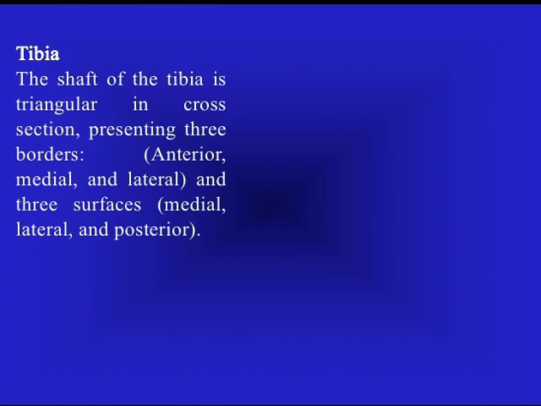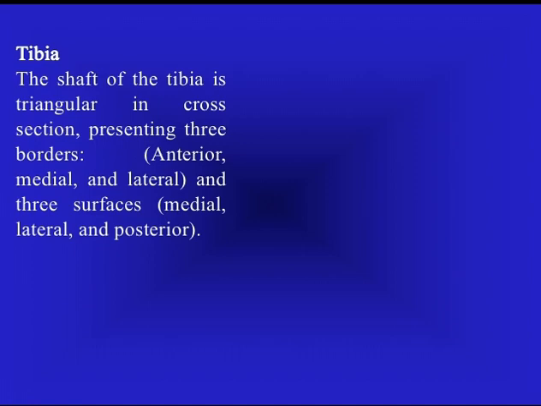The shaft of the tibia is triangular in cross section, presenting three borders: anterior, medial, and lateral border, and three surfaces: medial, lateral, and posterior. So this triangle has an apex pointing anteriorly.